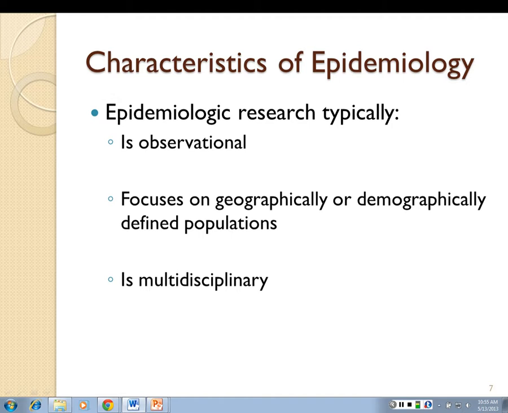And it frequently takes a multidisciplinary empirical approach directed at understanding or solving a problem. So epi as a multidisciplinary field frequently draws from biostatistics and the social and behavioral sciences, as well as from the medically related fields of toxicology, pathology, virology, genetics, microbiology, and clinical medicine.